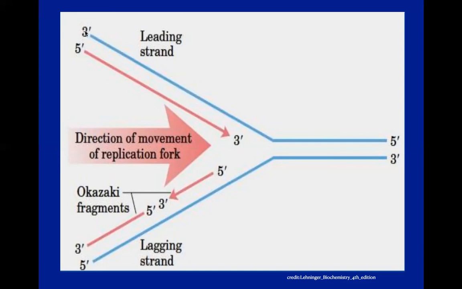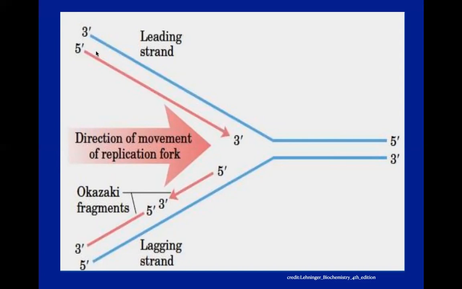So reading is from 3' to 5' direction. Synthesis is from 5' to 3'. Don't confuse this, because DNA polymerase can add on nucleotides only to the 3' hydroxyl group. So the synthesis takes place in the 5' to 3' direction.